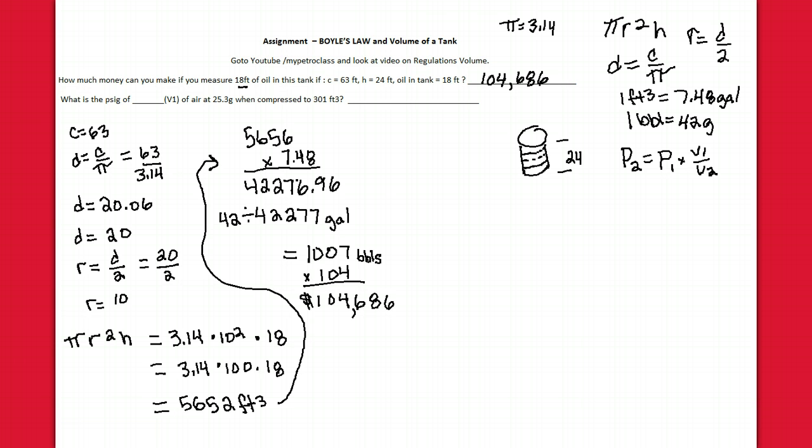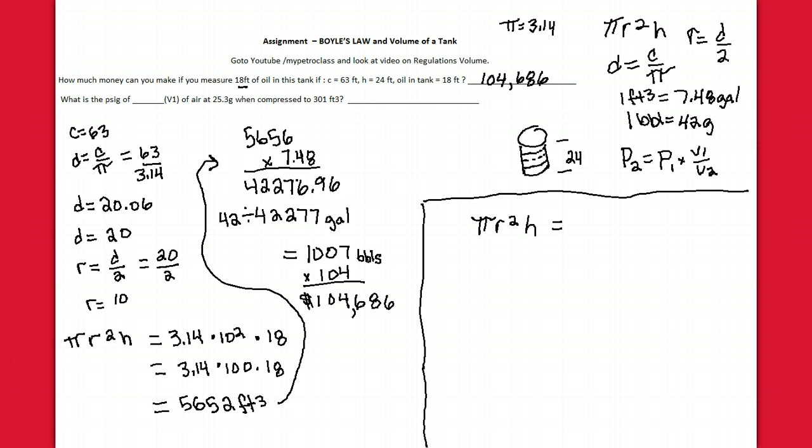So what we're going to do is say pi r squared times h, and this is going to be our different problem, our Boyle's law problem. I just like to separate it, makes it a little easier. That's equal to 3.14 times R squared.